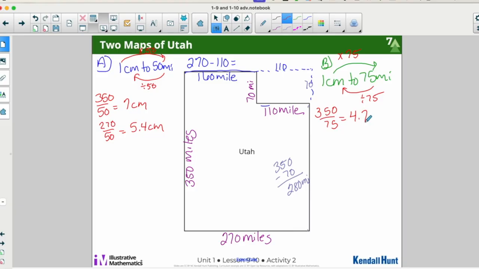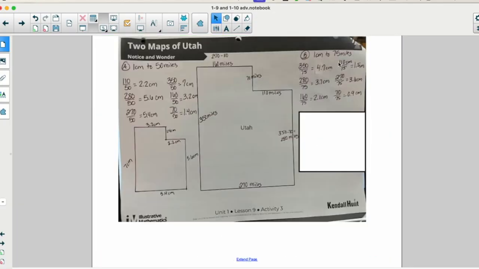So I'm going to say 4.7 centimeters. 270 divided by 75 is actually 3.6 centimeters. And so when I go back over here, there are all the calculations, and I rounded to the nearest tenth, and you can see it is a much smaller drawing, which makes sense. If 1 centimeter is representing more miles, I'm going to need less of those centimeters.